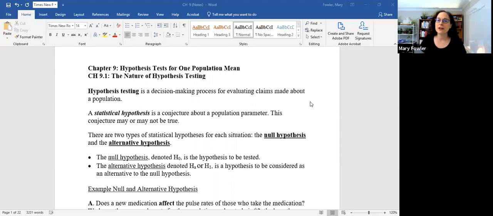So our goal in hypothesis testing is to use a statistical testing procedure, which requires that we lay out all of our information in a certain format. It's like a template. And then use this process to make a decision.